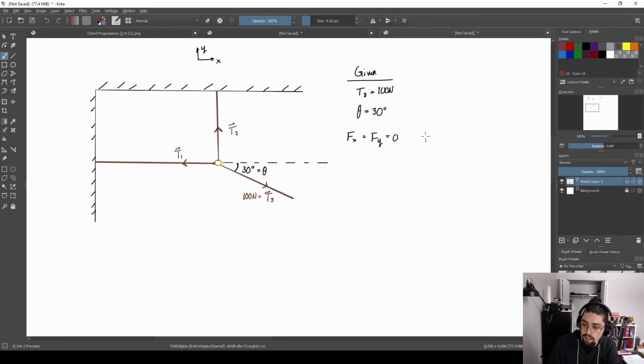So, with this in mind, I'm going to make my life a little bit easier here, and split up my third tension into its x and y components. This one is a standard one.